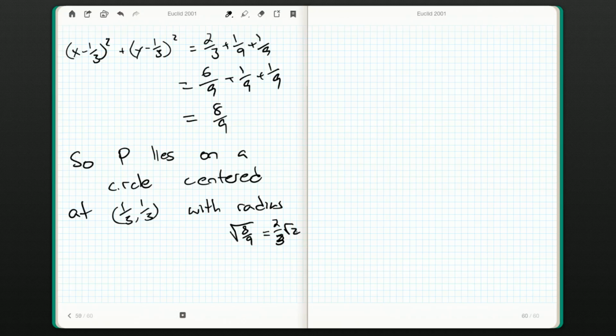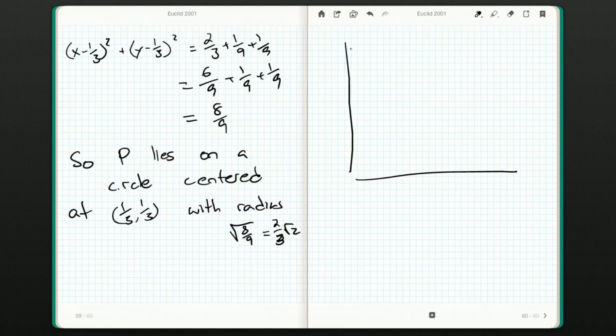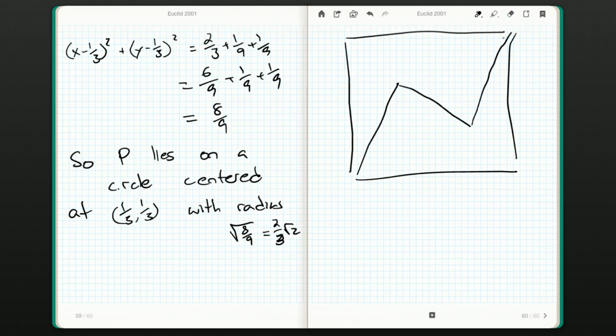Now the reason I'm hesitant is because based on our picture, if I just redraw our picture right here, just very briefly, so I have P here, Q here, we have P here. So we're saying that P lies on a circle, but our center was right here.